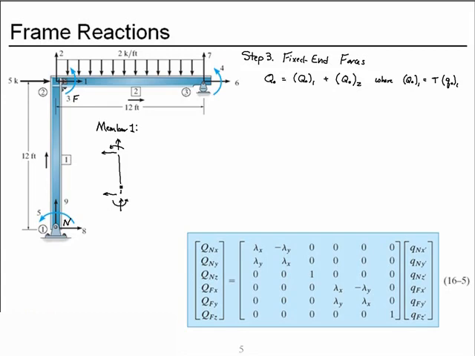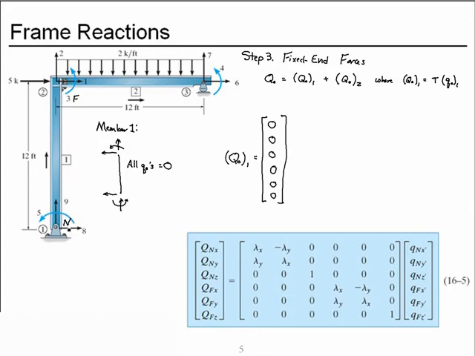Since there's no applied load and no applied displacement of one end relative to the other, all of our local Q's equal 0, which means that when we transform that to global coordinates, our 6 fixed end forces from member 1 are all zeros. But for completeness, I'm going to go ahead and label these.